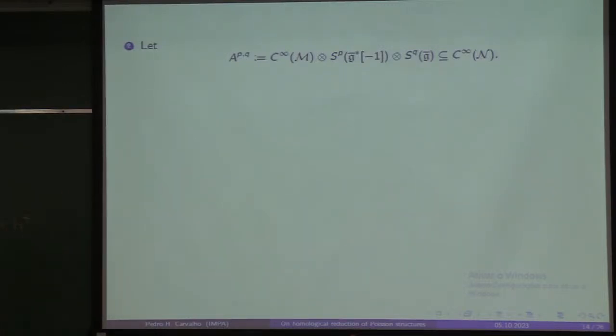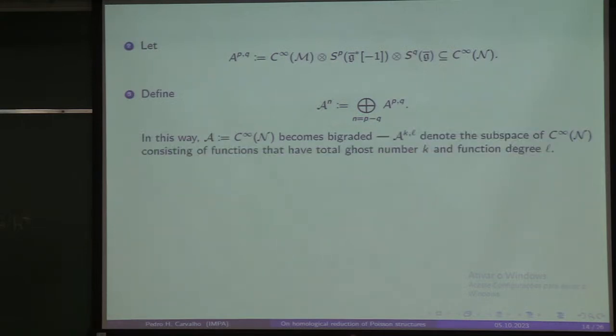So I'm defining the analogue of the degree 0 and degree 1 parts. I consider these here, and now I define this graded algebra with this new grading, where the grading is just the difference between these two. And now this space here is actually bigraded. Before, you had a degree that, when you defined this, coincided with the degree that you already had, but here you have some internal degree.